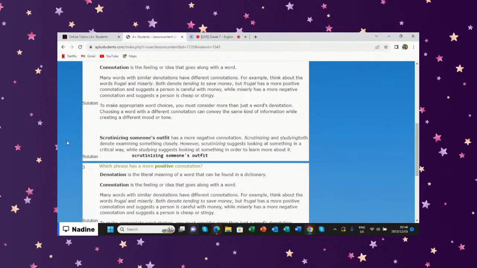So scrutinizing is the negative connotation within that sentence, because you are looking at it in a critical way in which you want to give your negative comments.